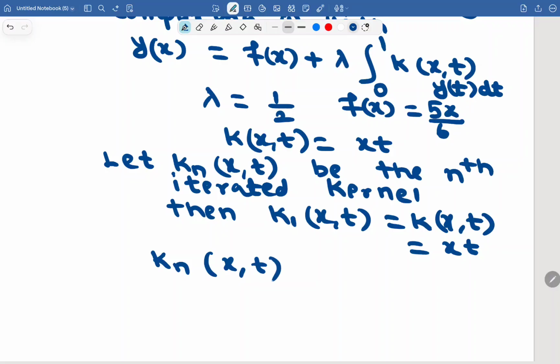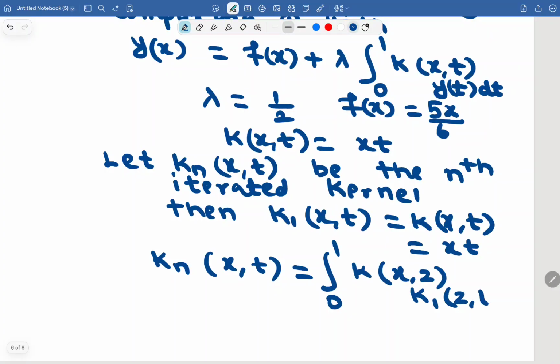And k_n(x, t) equals integral 0 to 1 of k(x, z) k_(n-1)(z, t) dz.